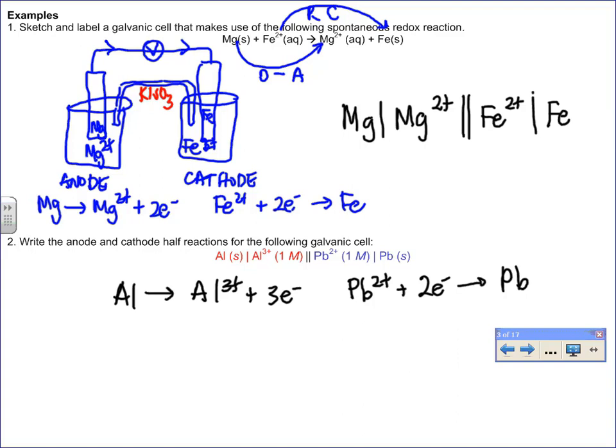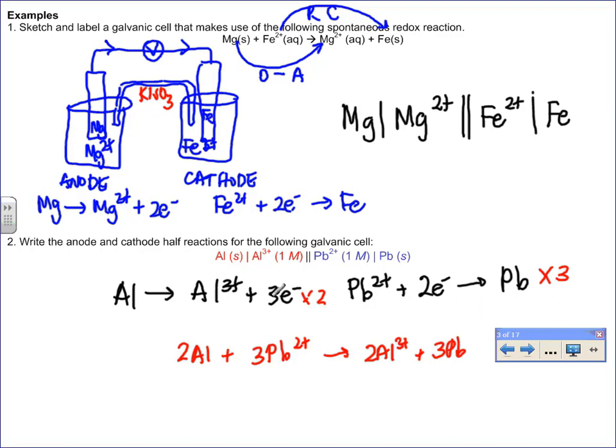If we want to show the overall reaction, we need to make sure that the electrons are balanced. So in this case, we'd need to multiply the aluminum reaction by 2 and the lead reaction by 3. And so the overall reaction would be 2Al plus 3Pb2+ goes to 2Al3+ plus 3Pb.